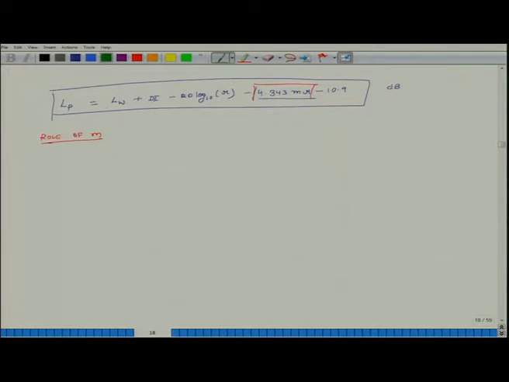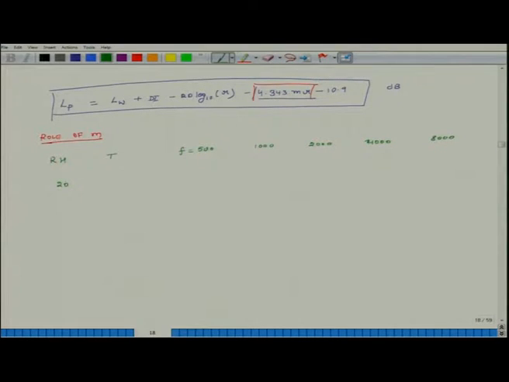I am just quickly going to write down this table. The first column is relative humidity, the second column is temperature in degrees centigrade, and then we have different frequencies: 500, 1000, 2000, 4000 and 8000. These are central frequencies.